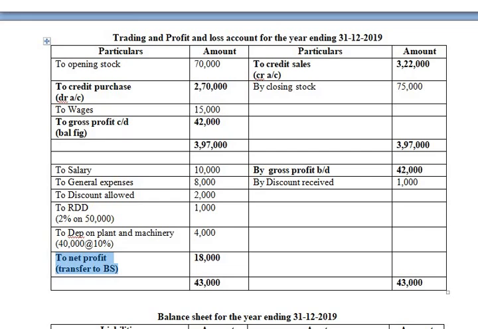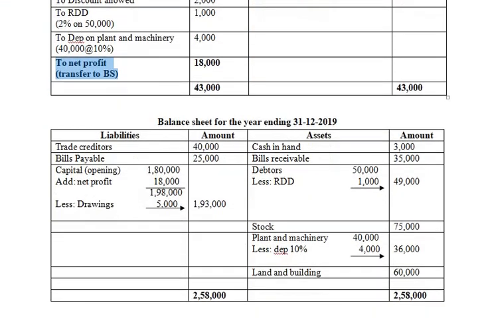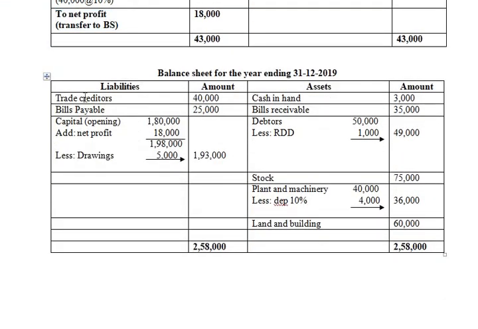to balance sheet. Now when you go to balance sheet, you will have to take this net profit into balance sheet. So here it is, net profit balance sheet 18,000. Net profit balance is how much? 18,000. And from where did you get this 18,000? From profit and loss account.